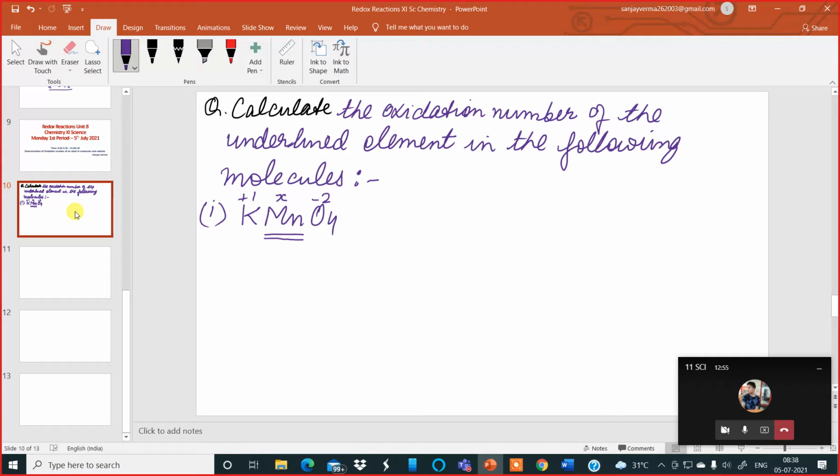After that, potassium, there is one atom, so +1, plus manganese, it is X. Plus oxygen, there are 4 atoms, so 4 into -2 is equal to 0. This potassium permanganate, the overall charge carried by it is 0. It is not carrying any charge. That is why on the right hand side it is 0.